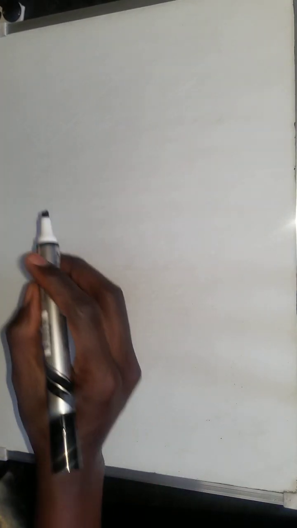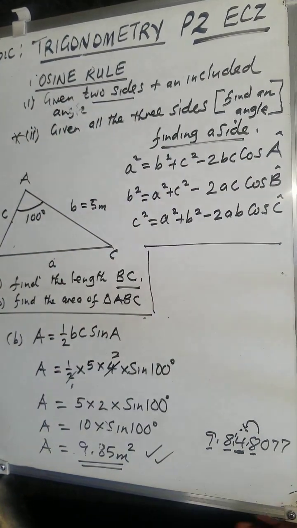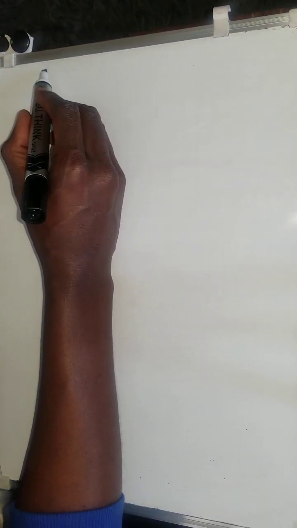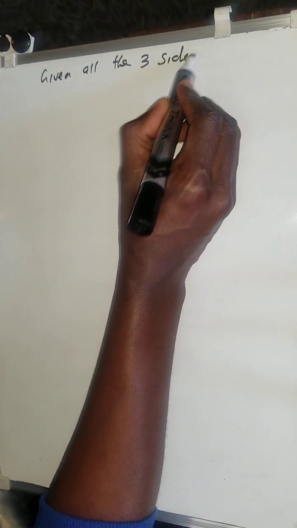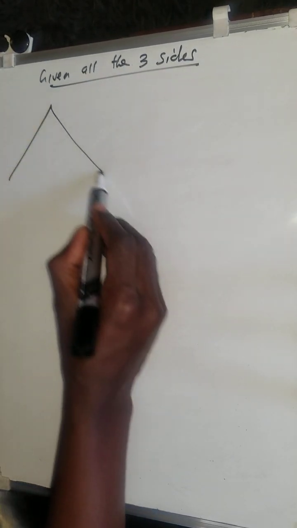will help even others. Now let's use the second point that I talked about there, given all the three sides. Yes, when given all the three sides, it is possible to use the cosine rule. So when you have been given all the three sides, let's say we do have a triangle there.